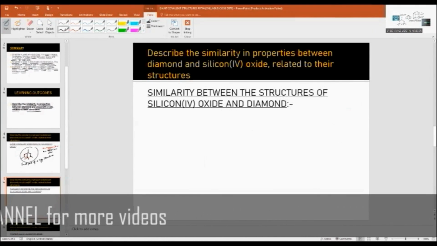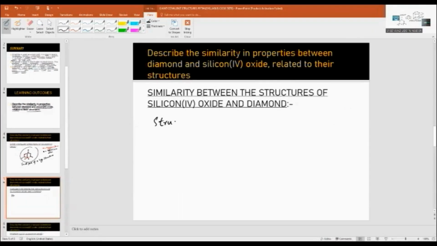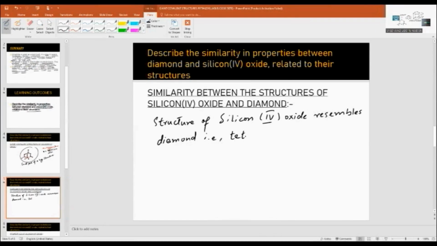So first of all, I will write structure of silicon oxide resembles diamond. That is, it's also tetrahedral.